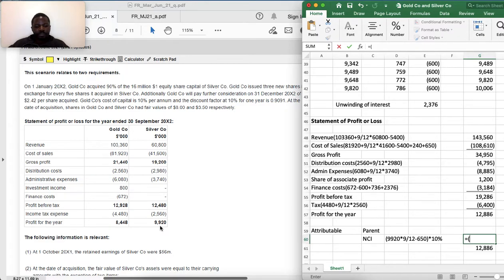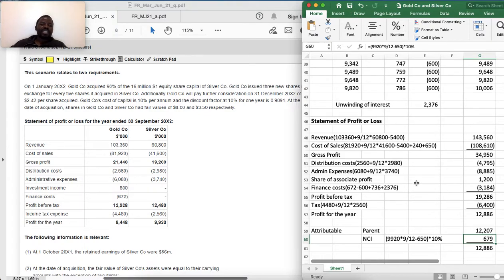So we say 9,920 multiplied by 9 divided by 12 less 650, the excess depreciation, all multiplied by 10%. We get that figure. Then the difference becomes the parent, becomes profit attributable to the parent.